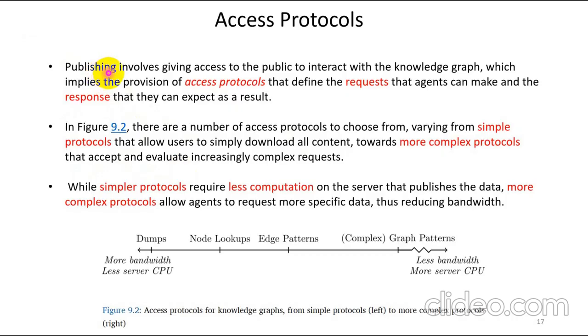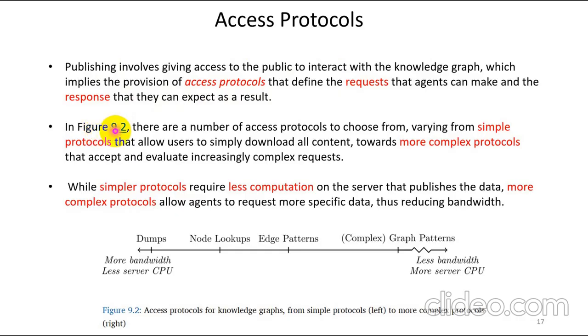In this slide, I show you the introduction to access protocols. Publishing involves giving access to the public to interact with the knowledge graph, which implies the provision of access protocols that define the requests that agents can make and the responses that they are expected to receive as a result.